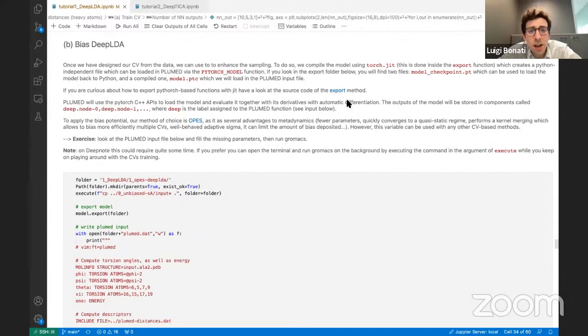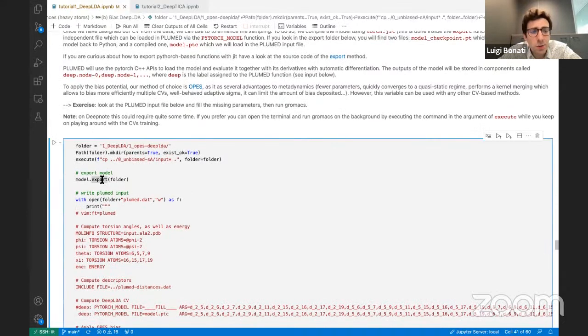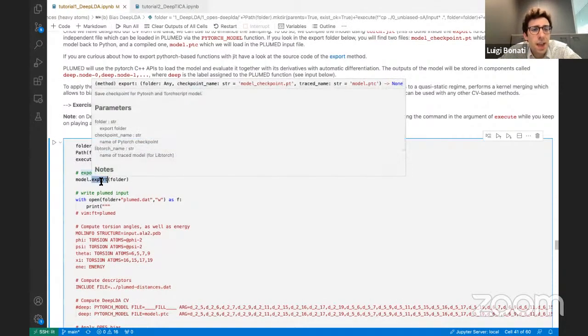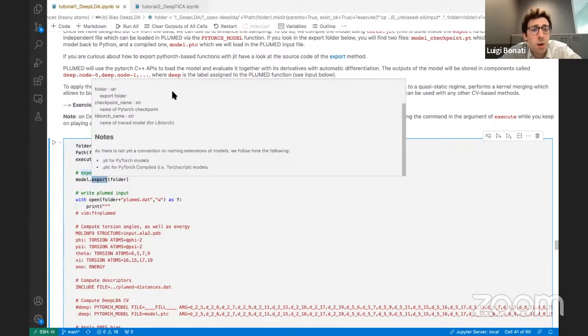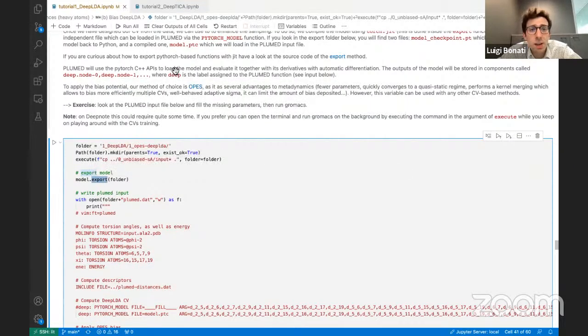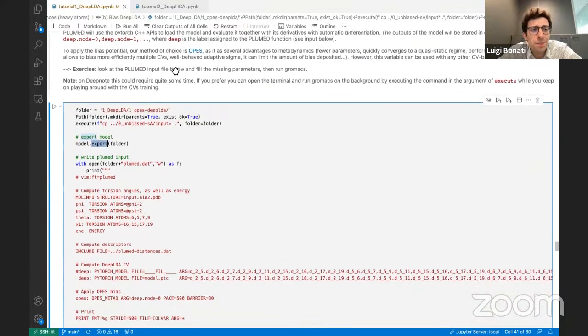This is done under the hood in the export function here, in which we save the checkpoint, which we could use to load the model again in PyTorch, and a Torch script model, which is a compiled model which can be used to load the collective variable in PLUMED.